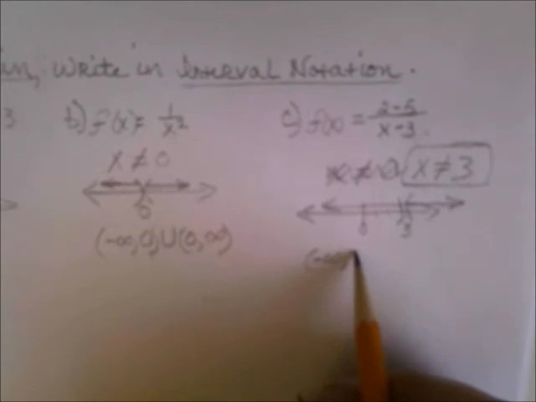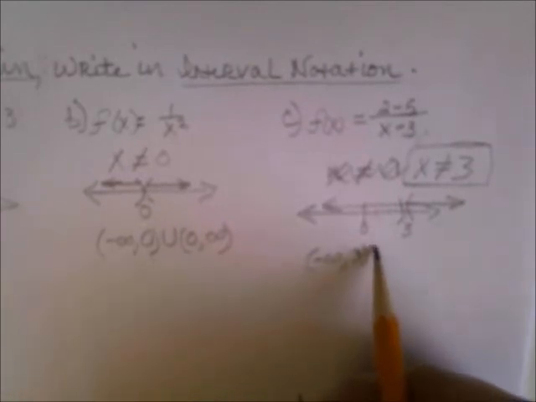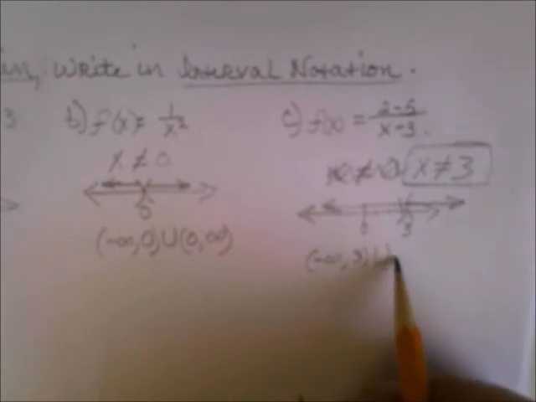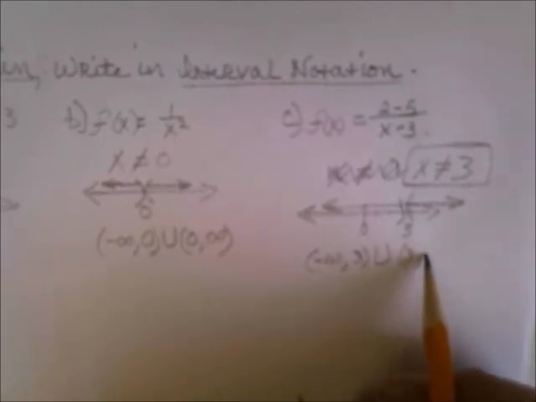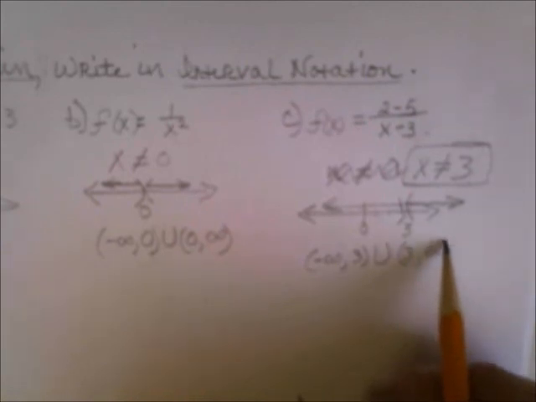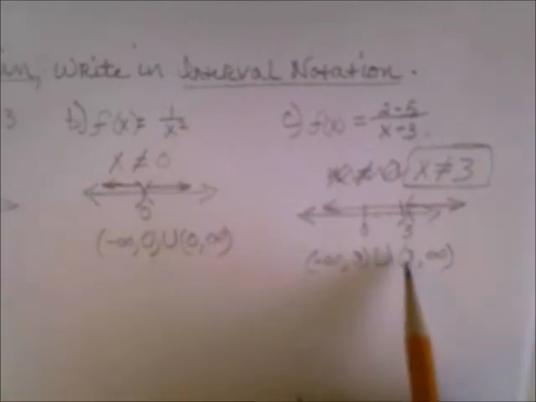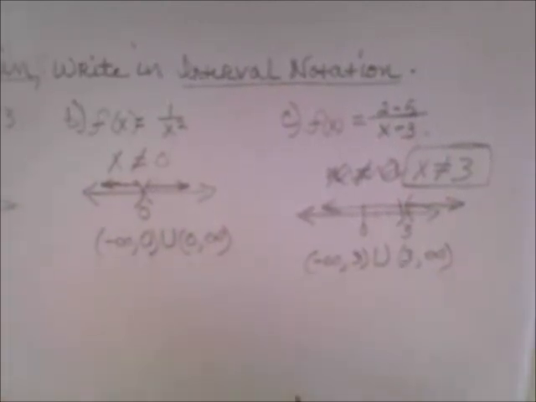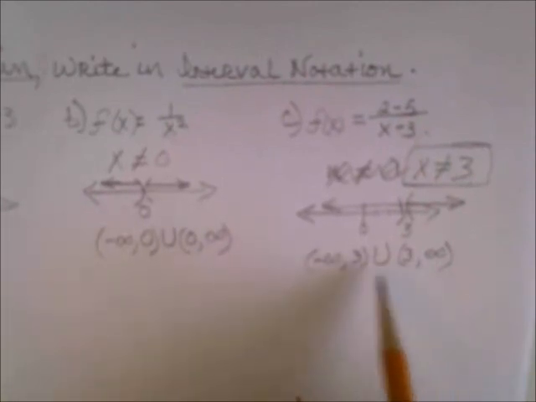The biggest thing it can be, it can go all the way up to 3 but not include 3, so we put the parenthesis in. And then we're going to put our union in and say the smallest thing it can be here is 3, and the biggest thing it can be is positive infinity. So putting this union in and the parenthesis, we can see the only thing it can't be is 3. And there's our interval notation.